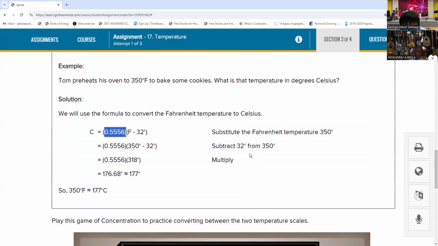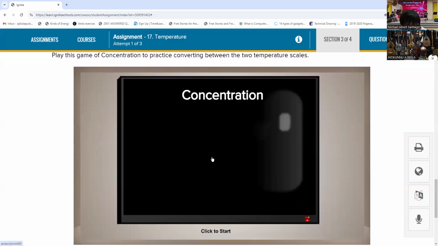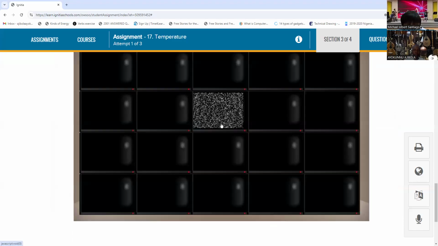If it's in Fahrenheit and we're taking it to Celsius, we subtract 32, then multiply by the constant 0.5556. But if it is from degrees Celsius to Fahrenheit, we multiply by 1.8, then we add 32.